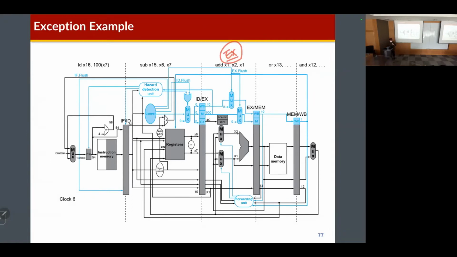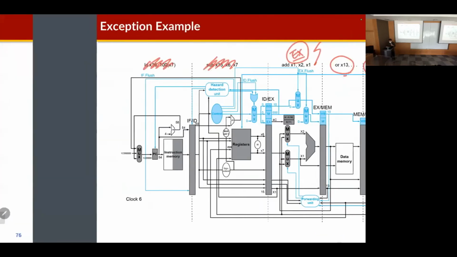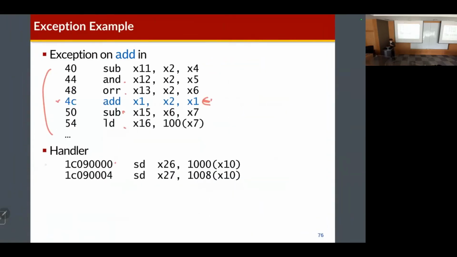So when the exception is detected in the EX stage, we need to complete the execution of the OR and AND instructions. And then we need to cancel these instructions. This is the program counter of the exception handler.